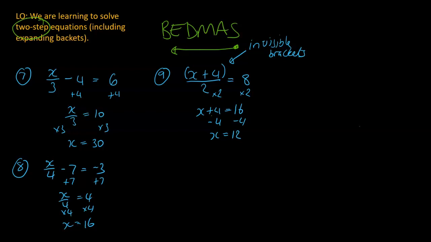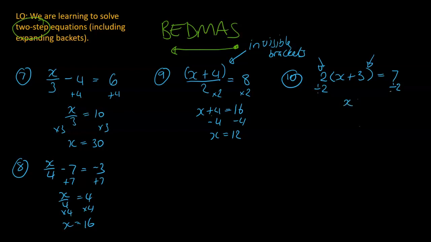And last 2 questions, we're going to get into some brackets. So let's say we had 2(x plus 3), and let's say that came to 7. Again, we've got brackets and we've got multiplication. So we're going to get rid of that multiplication first by doing divide by 2, divide by 2.